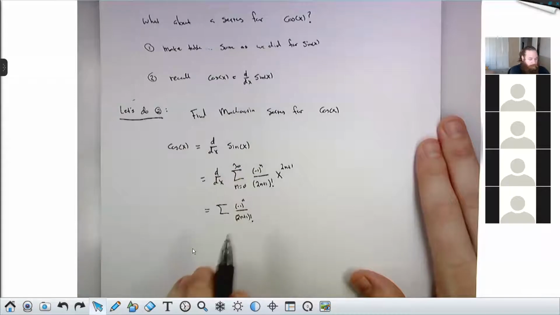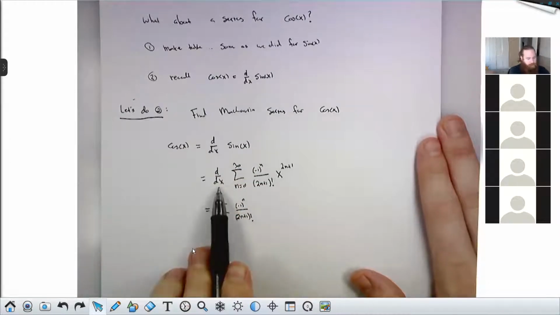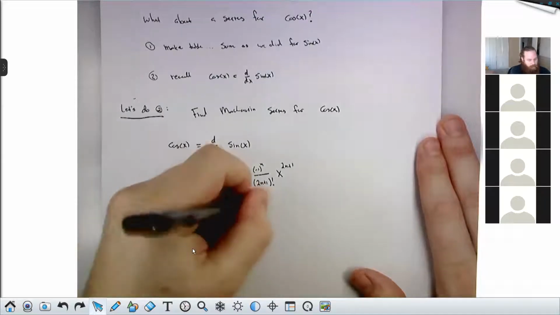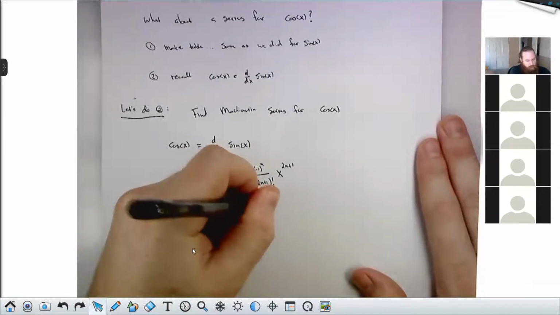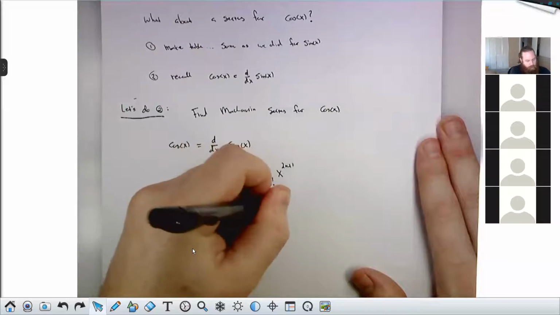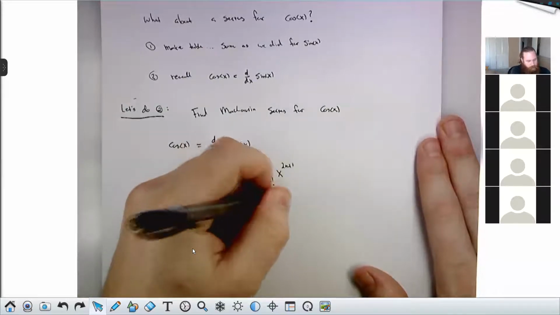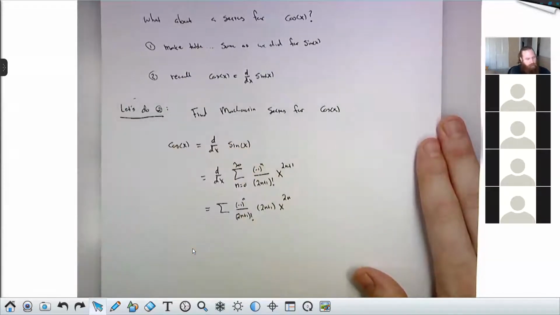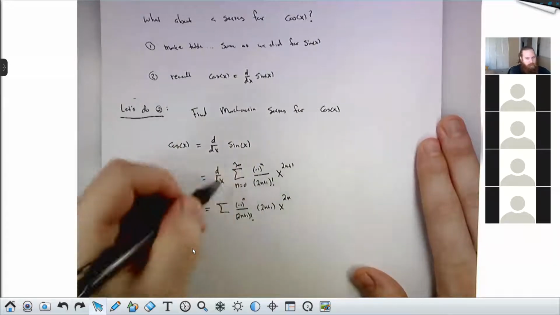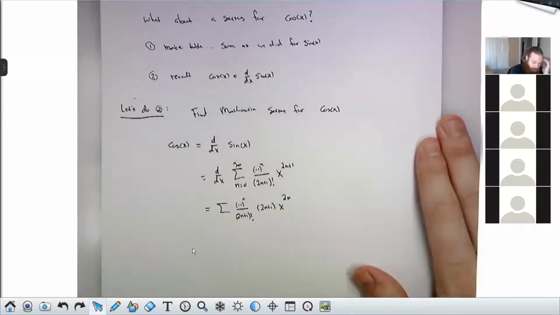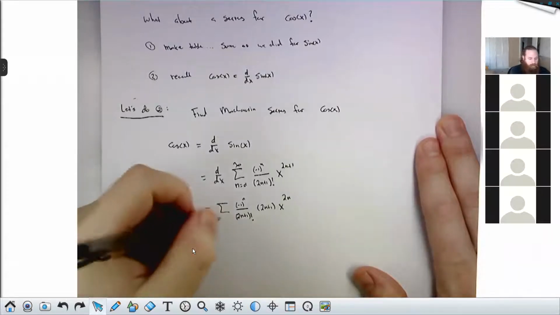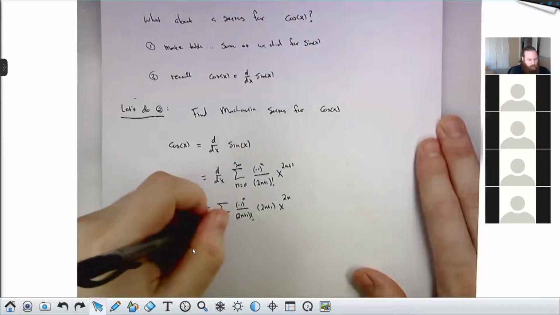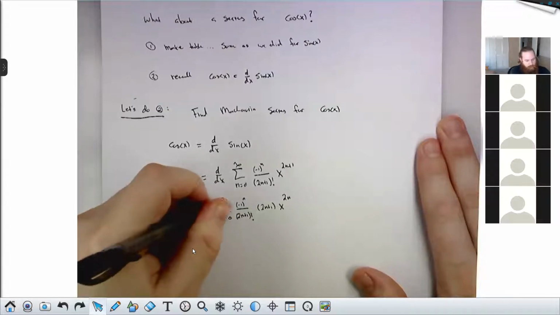So the sigma, the negative 1 to the n over 2n plus 1 factorial, those are constants with respect to x. It's just this piece that I differentiate. So the 2n plus 1 power comes down, and I'll have x to the 2n plus 1 minus 1, which is 2n. And since this series doesn't have a constant term, right? We saw that a minute ago. The first term of the series here is x, not a constant. You don't bump the starting index.